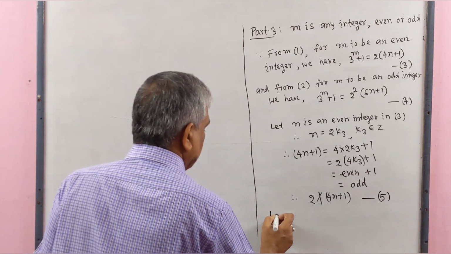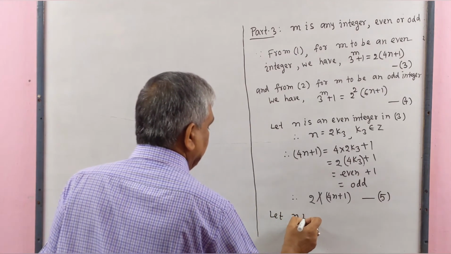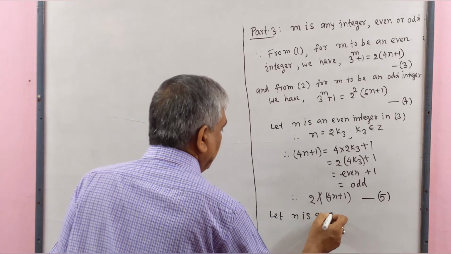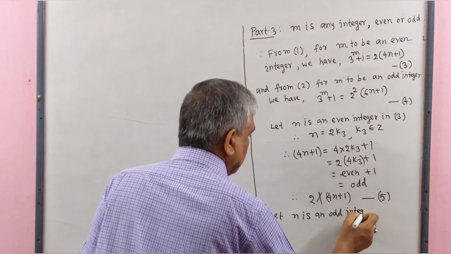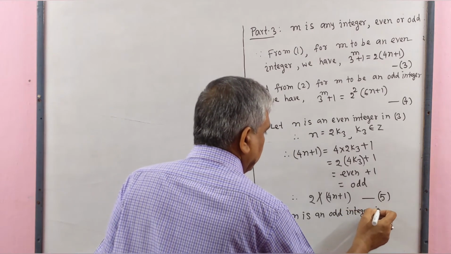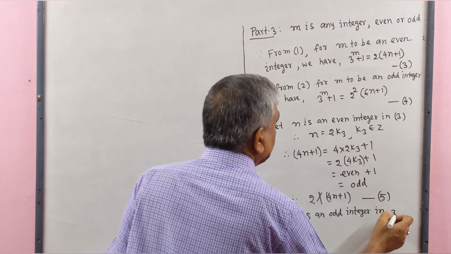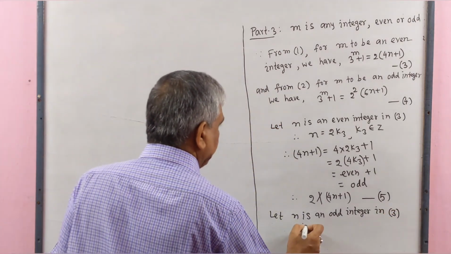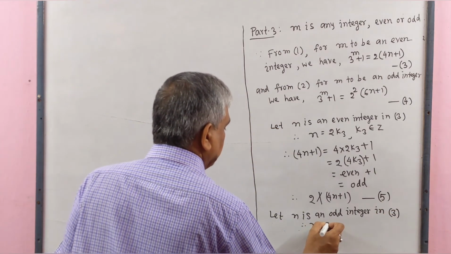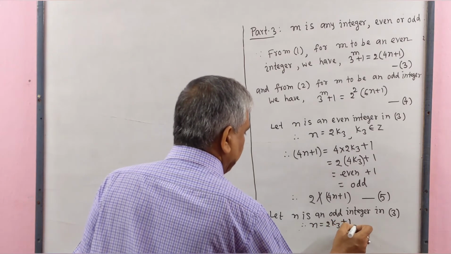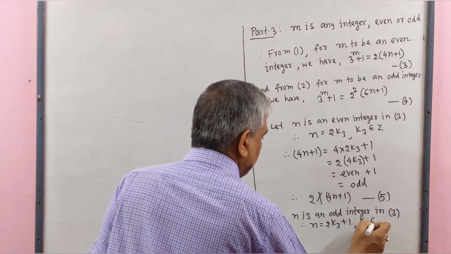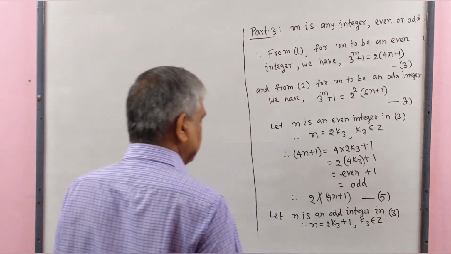Let n be an odd integer in 3. Therefore, n is of the form 2k3 plus 1, k3 belongs to Z.